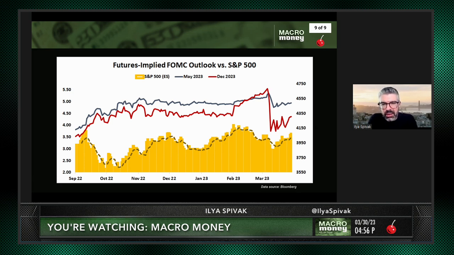Then come the beginning of March, you get the really exuberant decline in rate hike expectations, and of course the S&P takes a dip, but as the risk eases, stocks recover a bit. And that's the risk easing off.